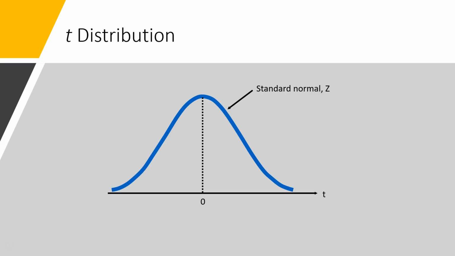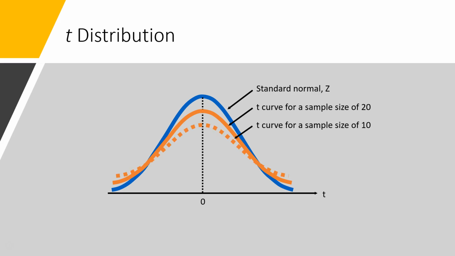So if we start with our standard normal z with a mean of 0 and a standard deviation of 1, this is what we would see. If I were to look at the t-distribution for a sample of 20, it's a little bit flatter, the tails are farther out, and the mode is not quite so tall. And then if I decrease my sample size even more, my curve becomes even flatter.